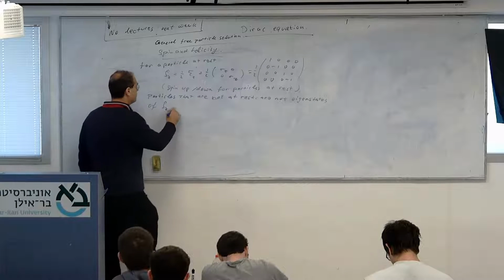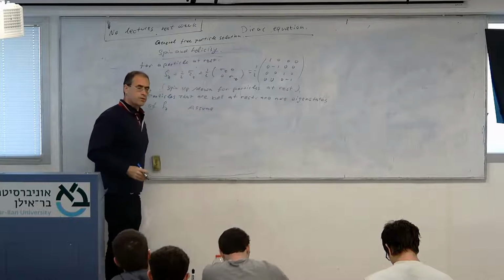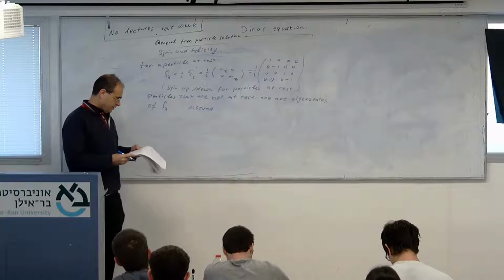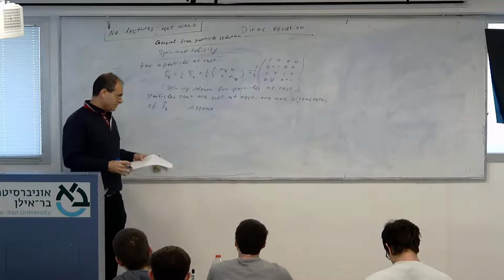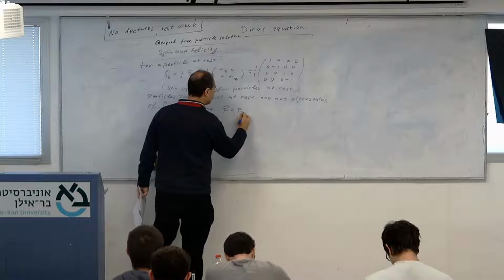So assume, again, without loss of generality, well actually it is with loss of generality here, that the particle is traveling in the plus z direction. So p is equal to p_z.